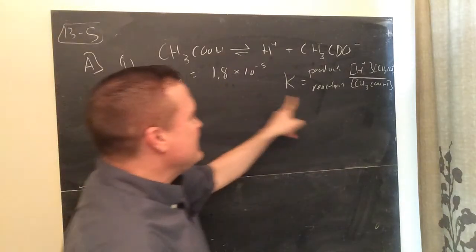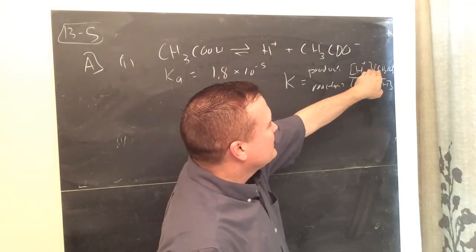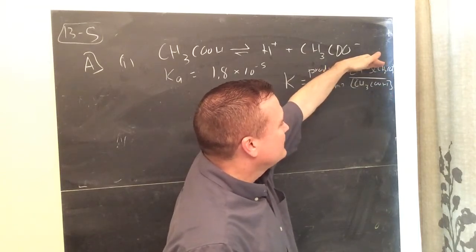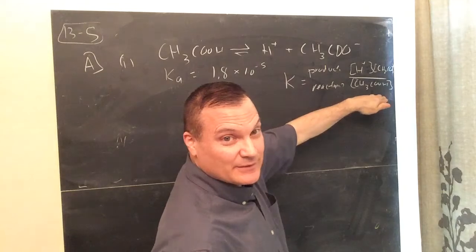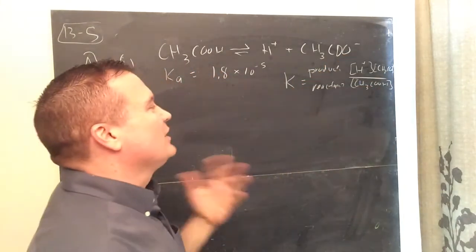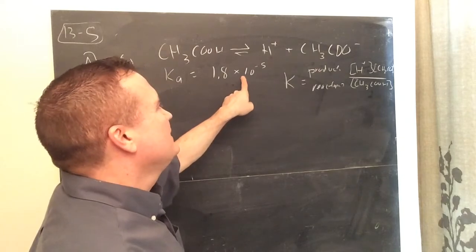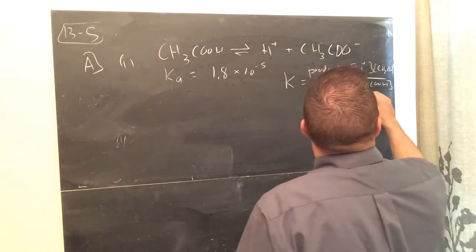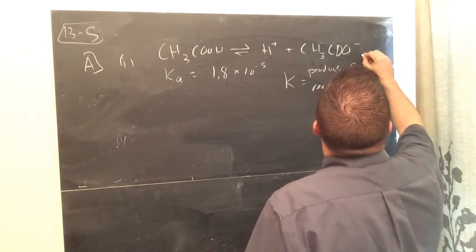So what it tells us, to get this number, Ka, is it going to be a big number divided by a very small number, or a very small number on the top divided by a very big number? To get a really small number, the bottom number should be very large and the top should be very small.